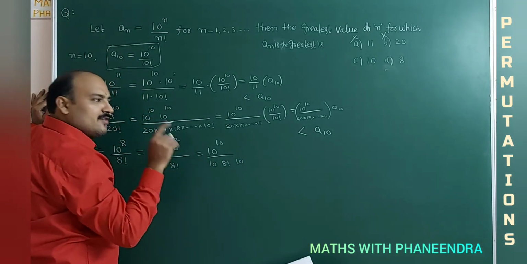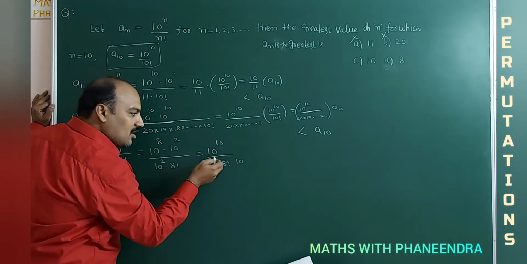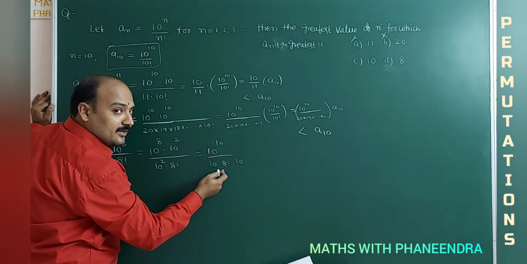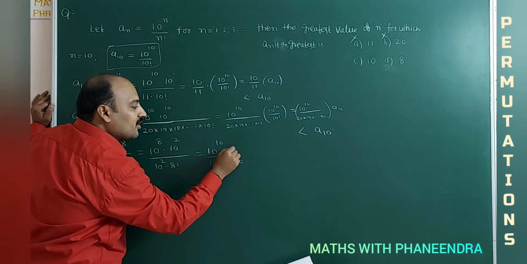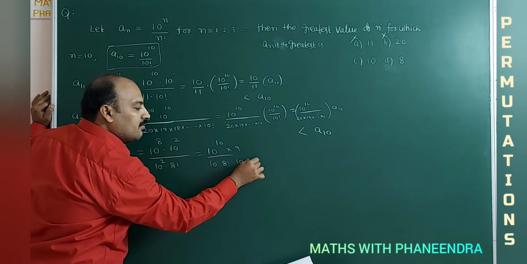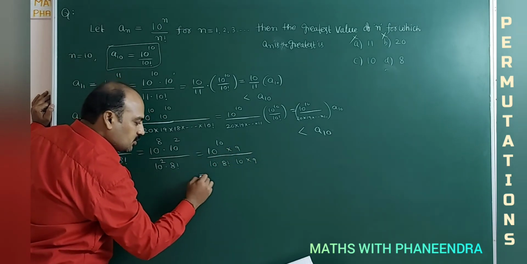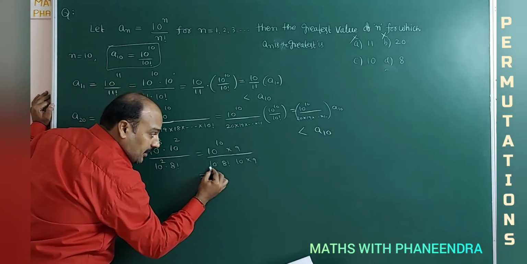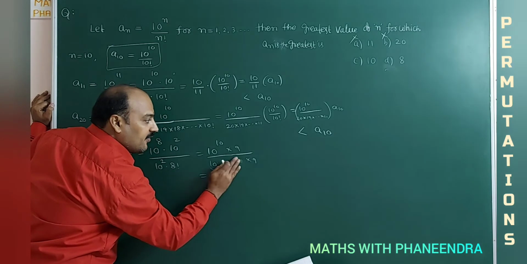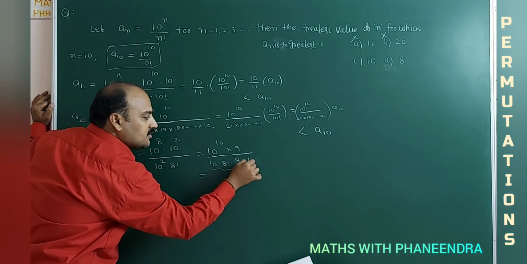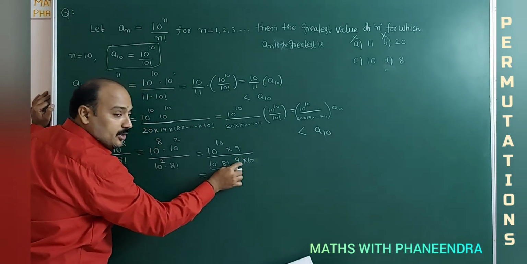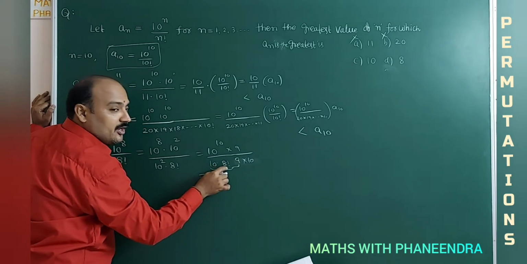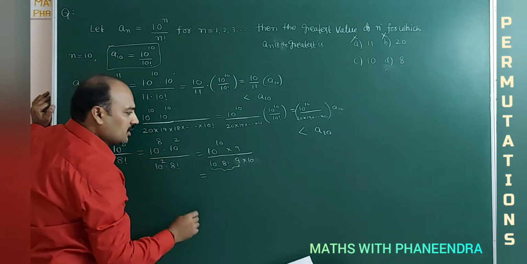But I want to get 10 factorial, and 9 is not there to get 10 factorial. So multiplying by 9, dividing by 9: 10 into 9 into 8 factorial can be written as 10 factorial.